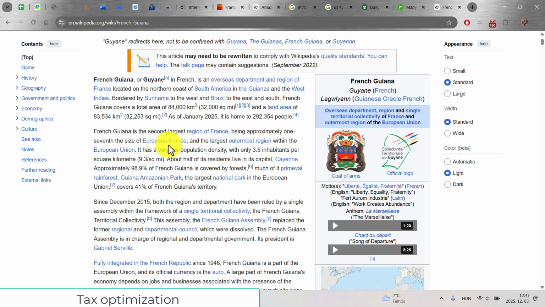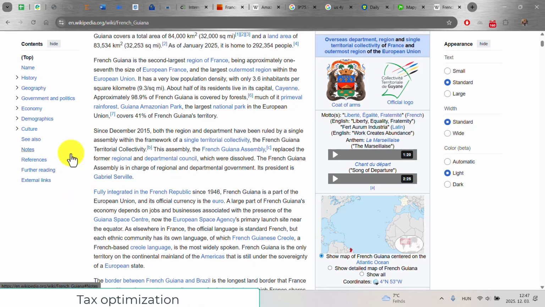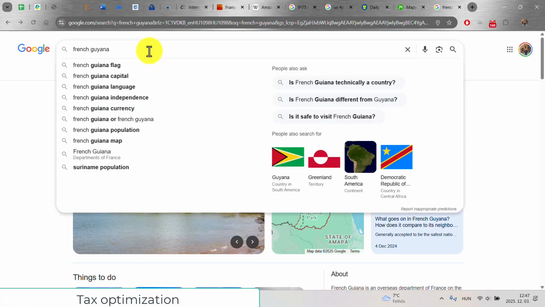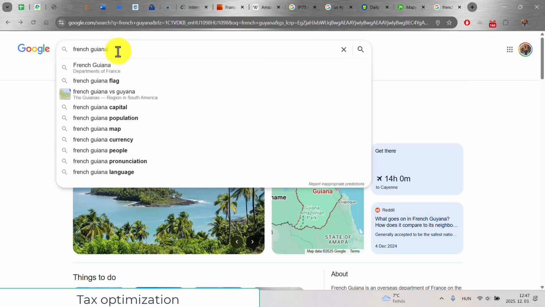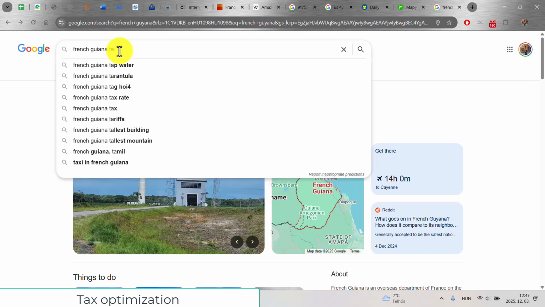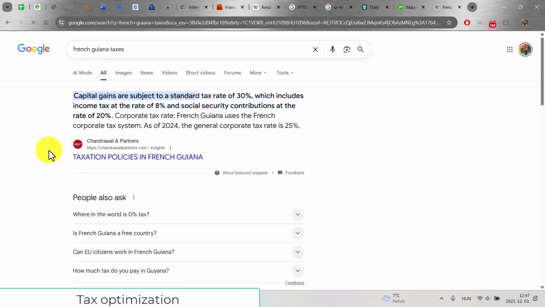But from taxation point of view, I don't think that they are. French Guiana taxes.